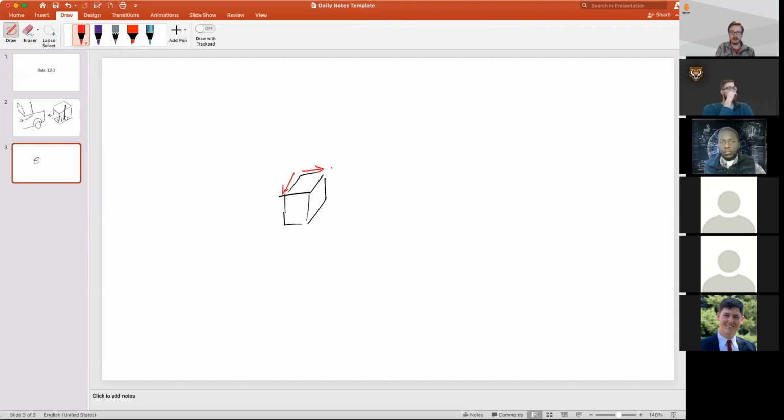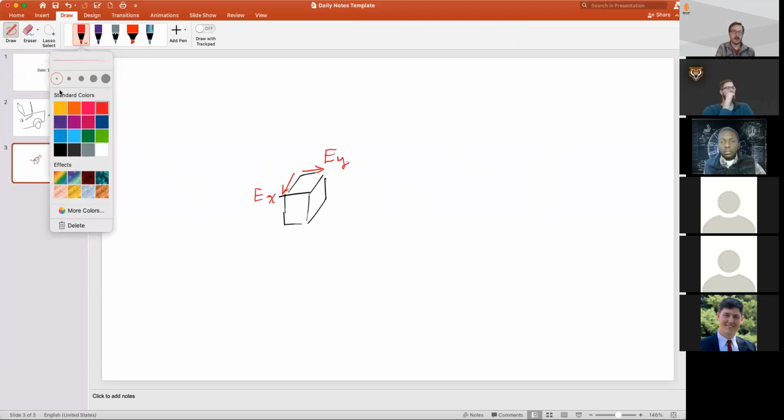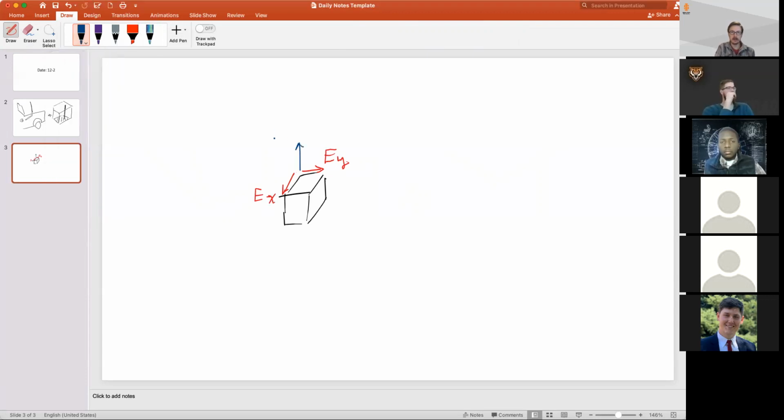Right, so we could solve for the E field in the X and Y direction, and the H field in the Z direction here.